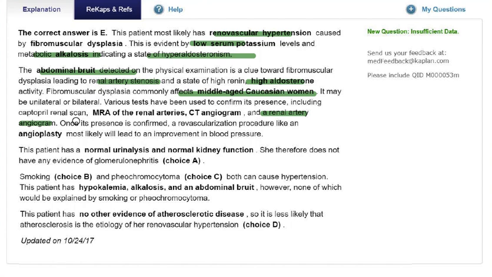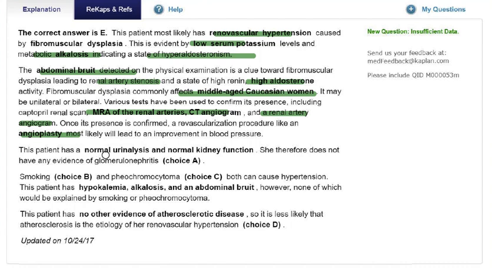So yes, renal artery angiogram, MRA. Before that, you can do ultrasound or Doppler. They can also ask you what is the most likely treatment, or what is the best treatment option. Then it is angioplasty.